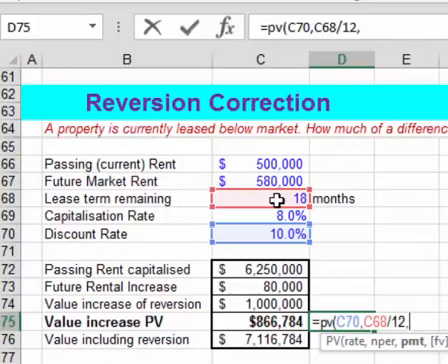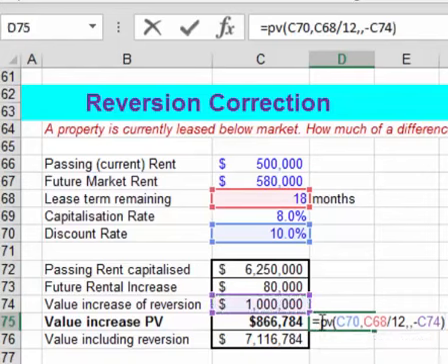Now in this case there's no regular payment. We could put a 0 here, or simply put another comma. And the last thing it's going to ask for is the future value. We put that in as negative, and the future value is $1 million. So 18 months in the future, we're going to receive $1 million, and we're working out the present value of that.